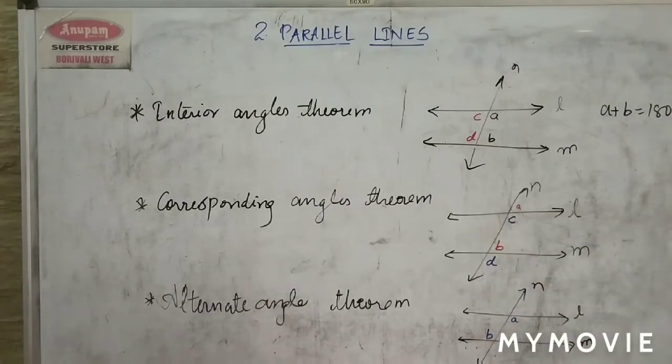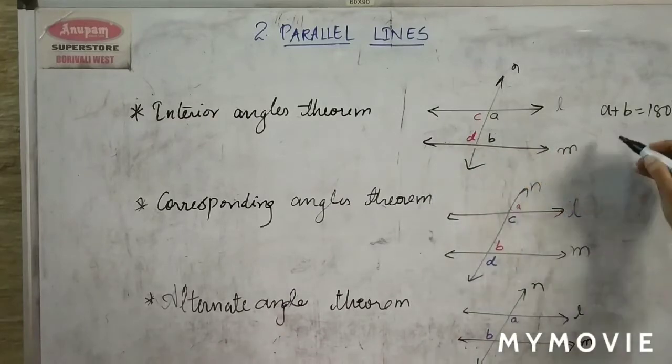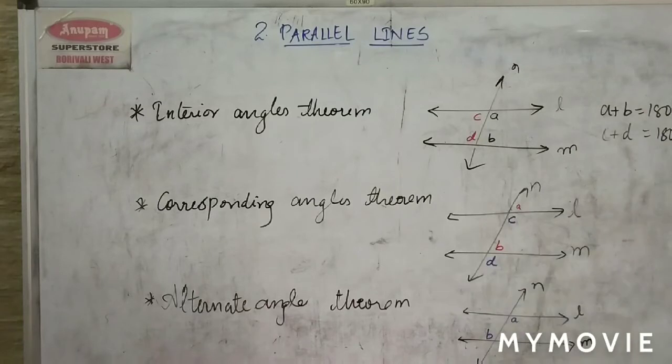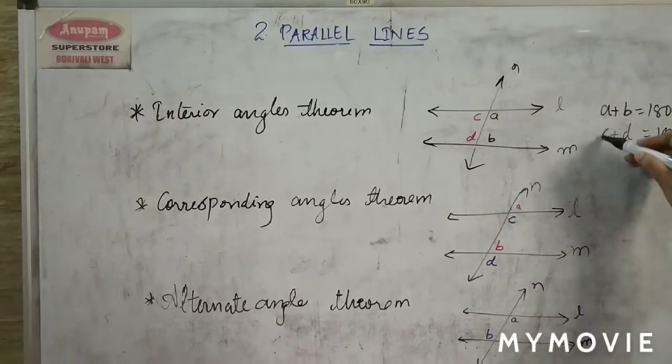Whereas on the left hand side, C plus D is going to be 180 degrees. This is what our interior angle theorem says, that if there are two parallel lines and a transversal, then the addition of two interior angles on one side will be equal to 180 degrees, and the addition of two interior angles on the other side will also be 180 degrees.